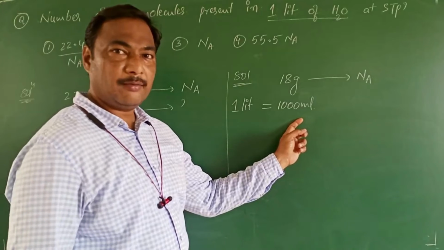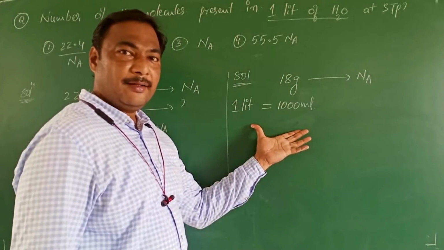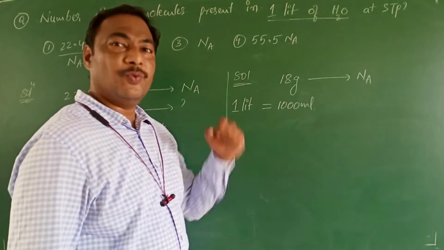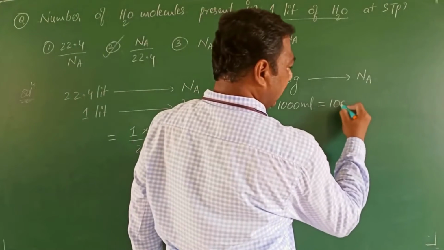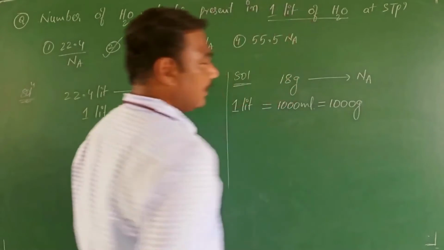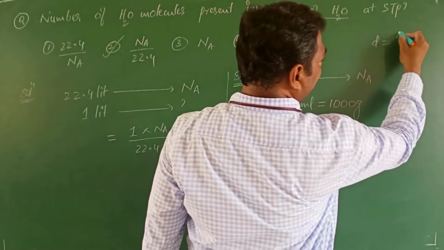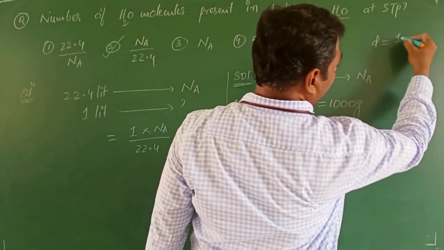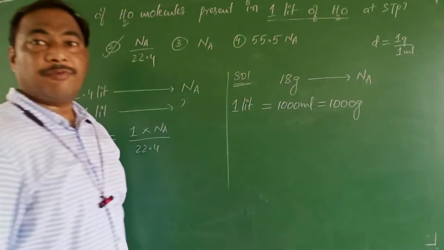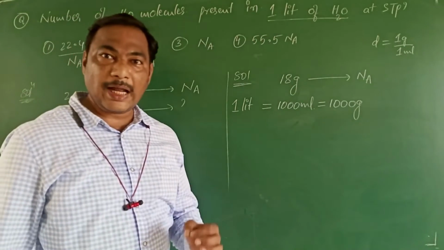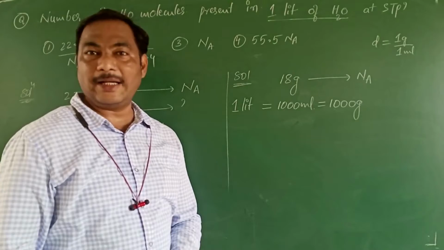For water, generally while solving problems, we take 1 ml equals 1 gram. That means here 1000 ml is nothing but how many grams, students? Here it is 1000 grams, because the density of water is 1 gram per ml. For water we consider 1 gram equals 1 ml. Why it is considered, we will see in later classes.